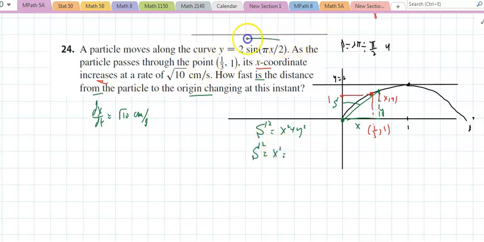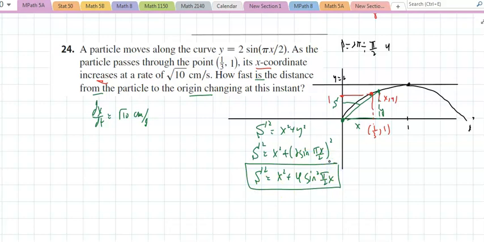y is twice the sine of pi x over 2. So s squared is actually x squared plus 4 sine squared of pi over 2 x.